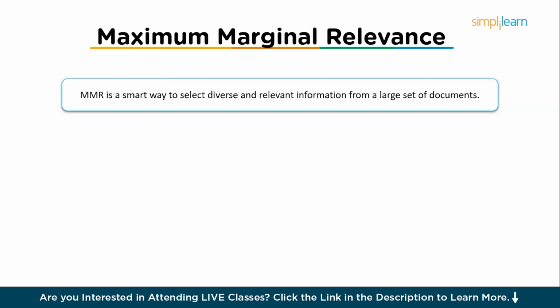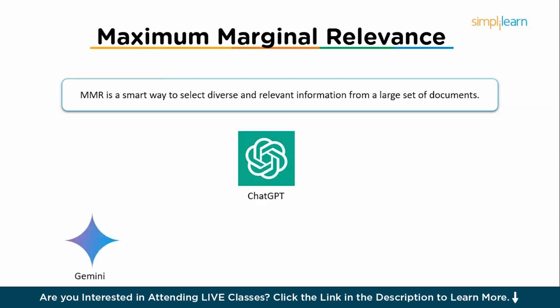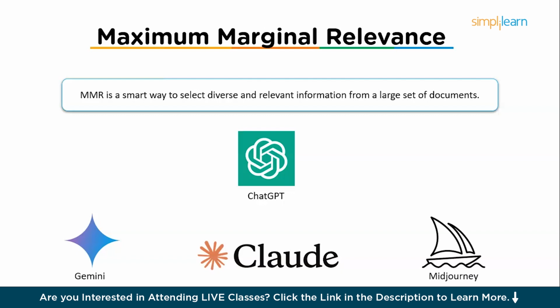MMR is used in Retrieval-Augmented Generation, that is RAG, to improve the search results by selecting both relevant and diverse documents. Imagine searching for the best AI tools. Without MMR, you get 5 results about ChatGPT, too similar. But with MMR, you get results about ChatGPT, Gemini, Claude, Midjourney, and Copilot.